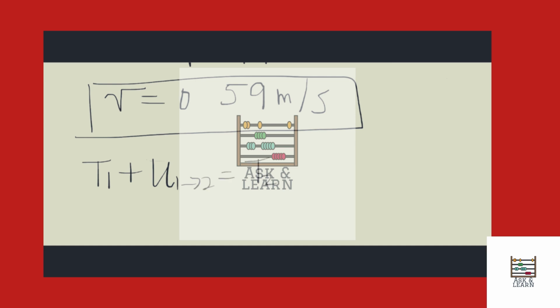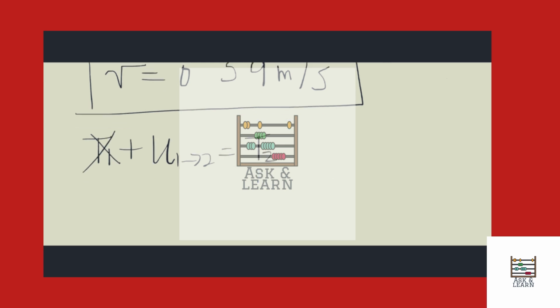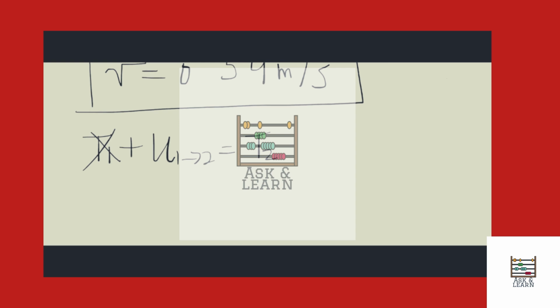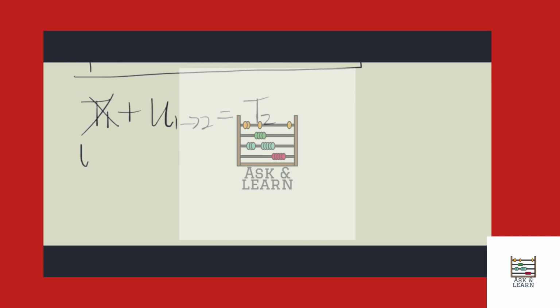Remember, we're starting from rest, so T1 is equal to 0, and we're left with the same relation as before. Now for U1 to 2, we're just going to do this solely in terms of variables. That'll be W times x, the work done by the weight force, minus the work done by one spring, minus the work done by the spring on the top.